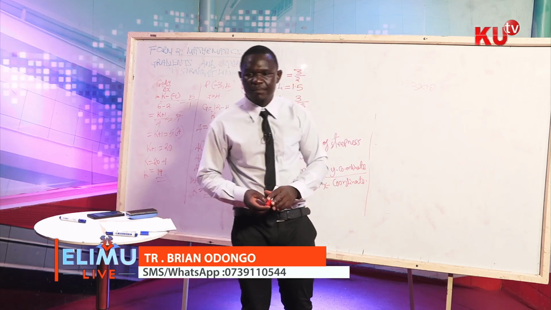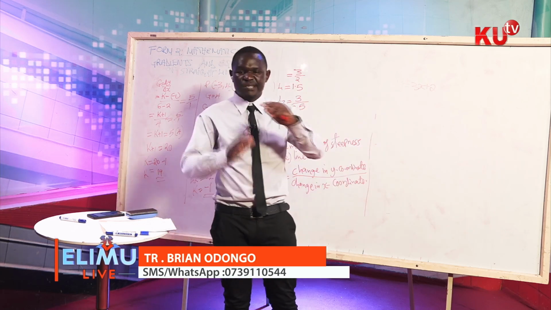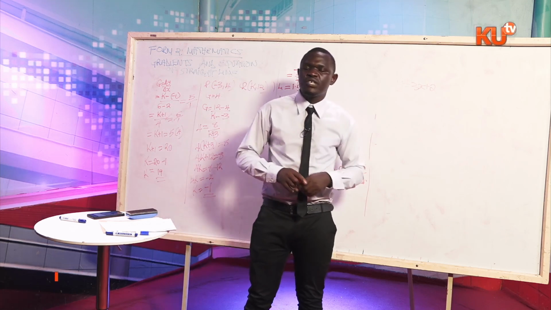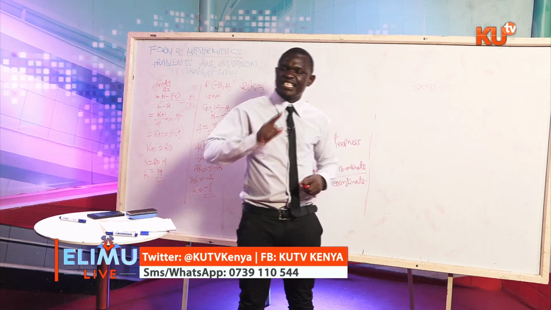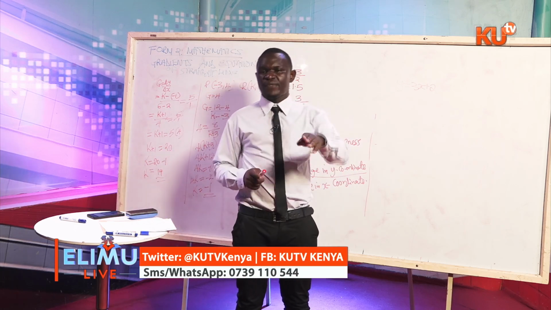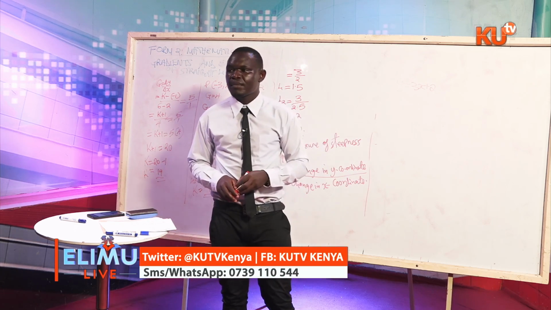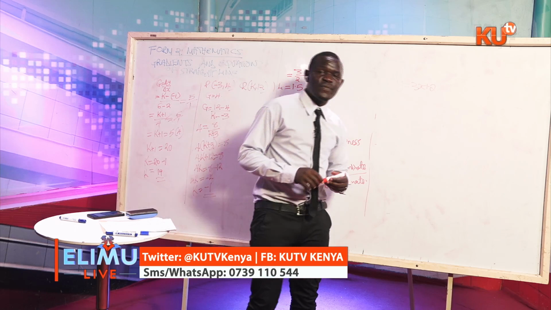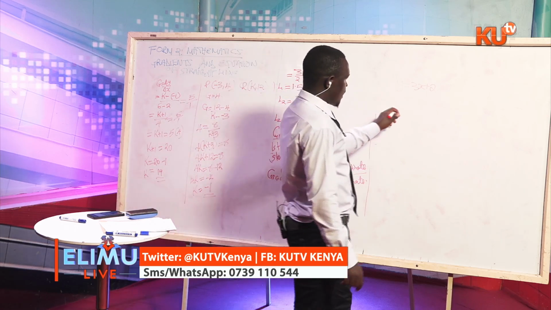Someone is telling me that in order to work it out, you draw a small table, pick at least 2 x values, and for each x value, get its corresponding y value. And now you plot them. Those are the points through which your line will be passing. So the same concept, you are going to apply it here. So you can have just a small table.